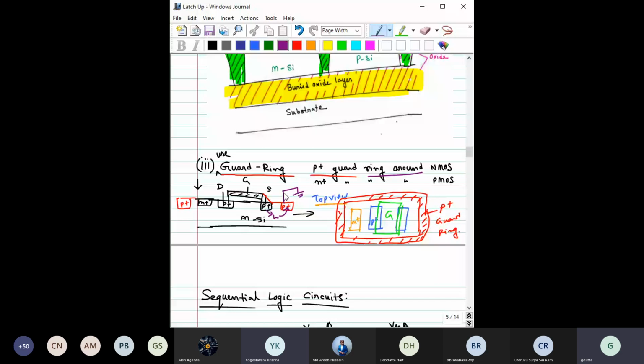So the action which has triggered the latch up operation can be prevented by using this type of guard ring.